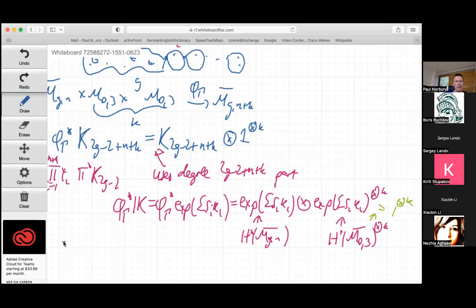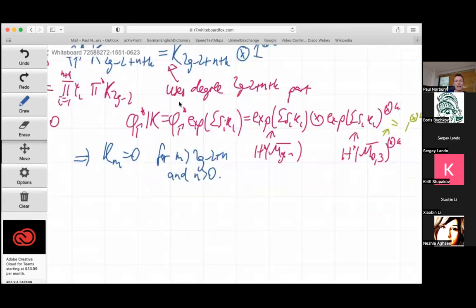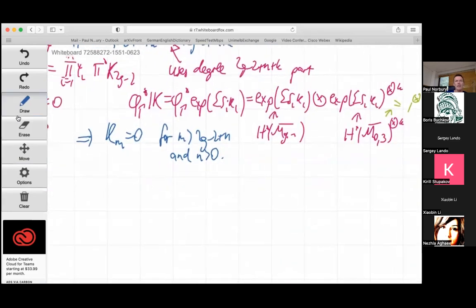So what we've said there is that K_m equals 0 for m greater than 2g-2+n, and n is greater than 0. And then we didn't do the n equals 0 case, but that uses our push forward case. So for n equals 0, we push forward the n equals 1 case.